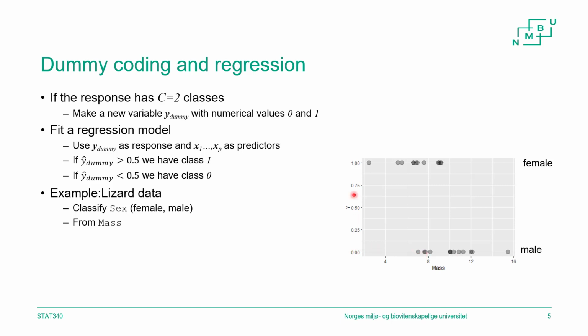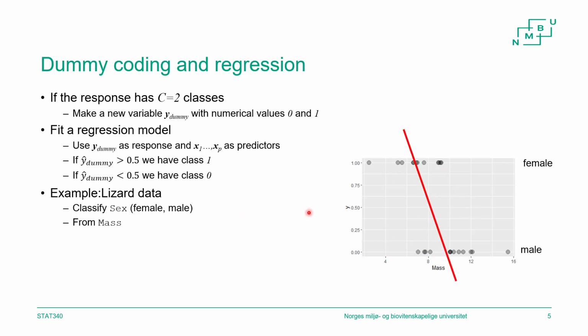So that means the y, this is now the y dummy axis, it's either 1 or 0, nothing in between, of course. And here is the x-axis, the mass. So now we can see that the females tend to be smaller than the males. We can see that tendency. Males tend to be heavier, bigger mass, but there is a substantial overlap. It's not like they are perfectly separated.